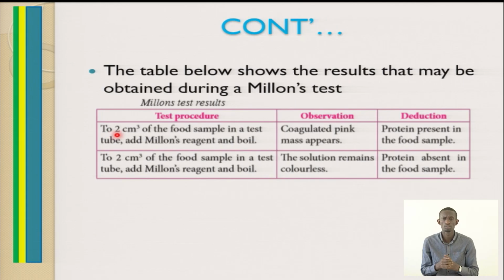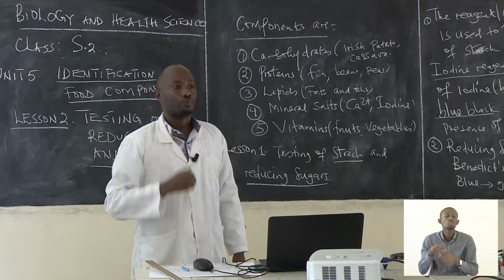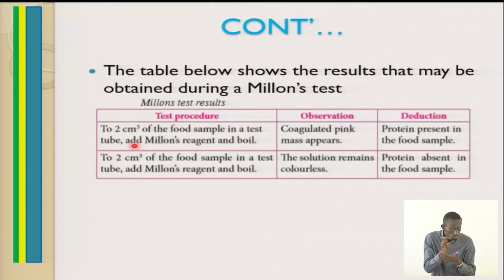You get 2 centimeters of the food sample in the test tube, add Millon's reagent, then after adding Millon's reagent, you need to heat. After heating, what will you observe? All right? The observation is here.